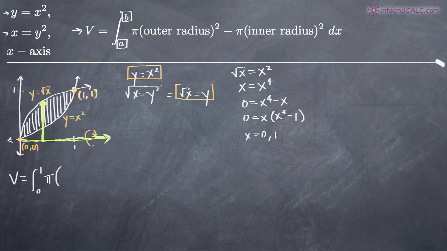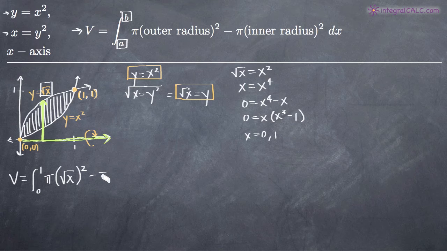That line represents the outer radius, the farthest the surface is ever going to be from the axis. So we'll take the square root of x, which represents that outer radius, and put that here into our equation for outer radius.